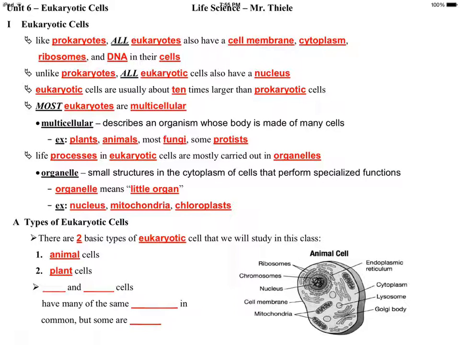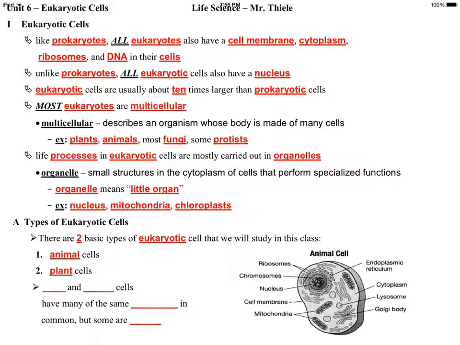So we're sort of leaving out fungal cells a little bit, but that's okay for the level that we're studying at in 7th grade. Just learning all the basic cell organelles and their functions and where they occur, whether it's in a plant cell or animal cell, is generally going to be enough for us. And we'll talk about fungal cells maybe a little bit.